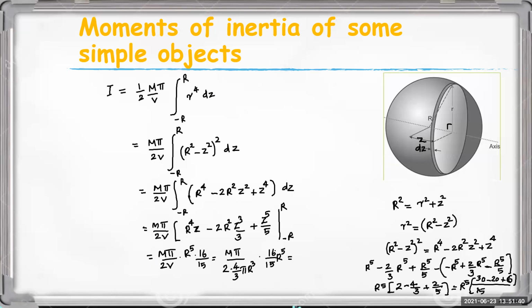Here 8, 16, then in our numerator there is 2, here there is a 15, there is a 3, then it is 2 by 5, then m R raised to 5 here, R cube in the denominator. Then the result is 2 by 5 m R square. So this is the result: the moment of inertia of a sphere about an axis passing through its center.